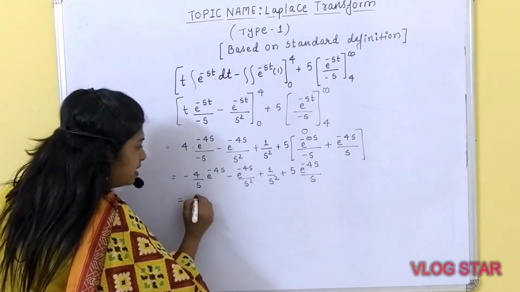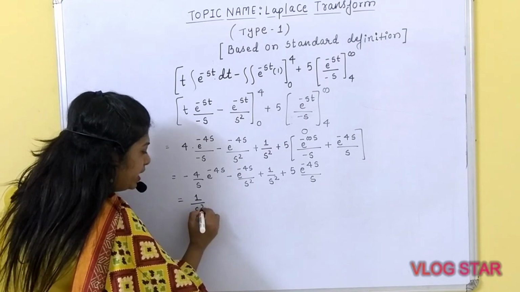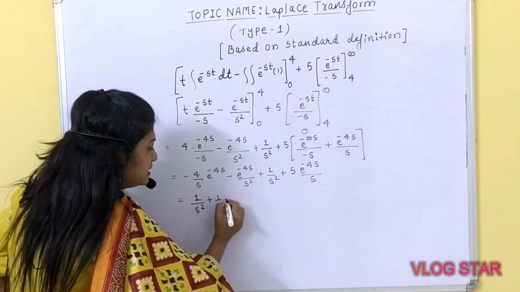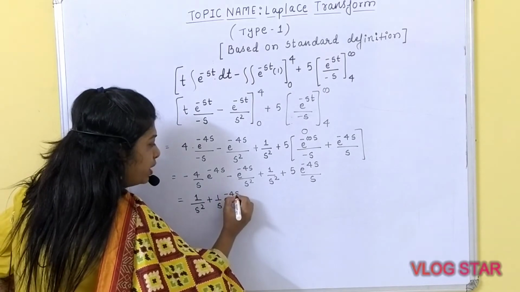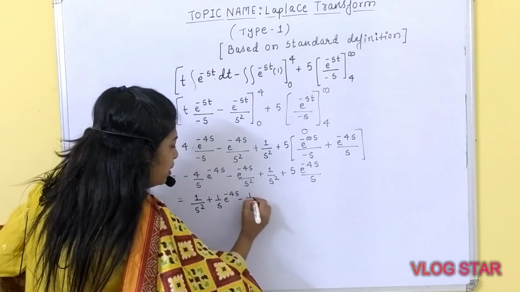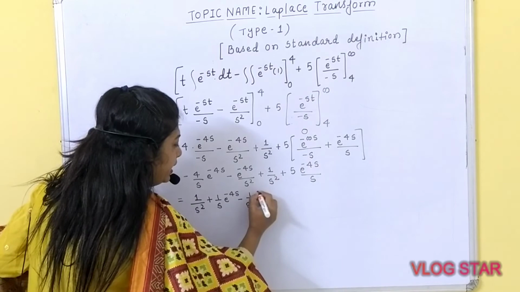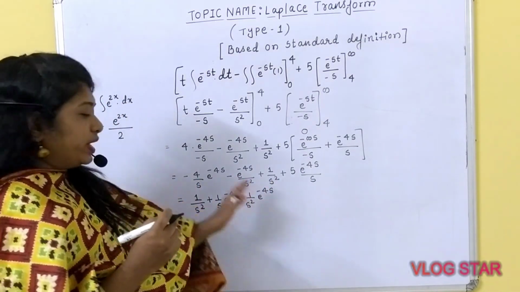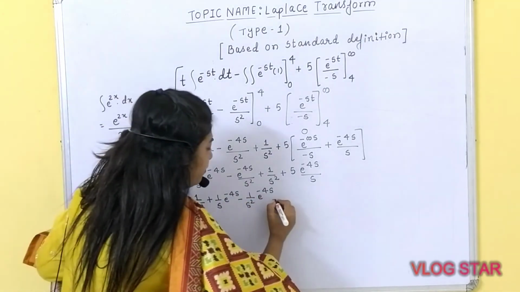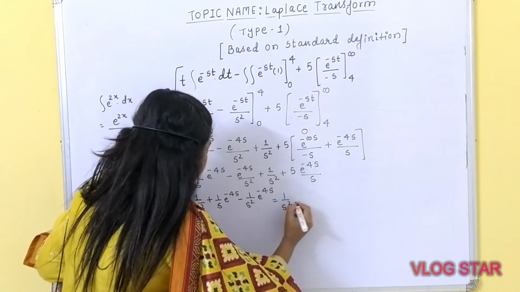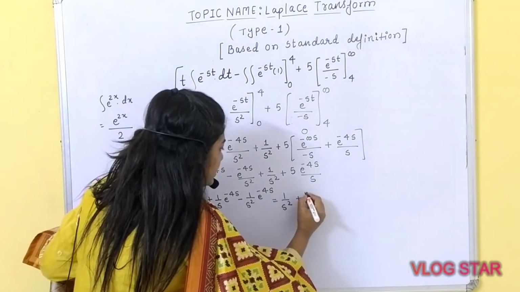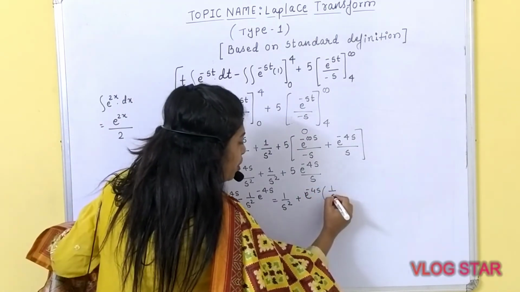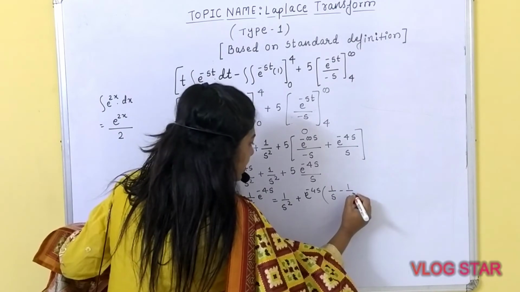So the final answer is 1 upon s square plus 1 upon s e raised to minus 4s minus 1 upon s square e raised to minus 4s. You can take e raised to minus 4s outside the bracket. The final value would be 1 upon s square plus e raised to minus 4s times what is inside: 1 upon s minus 1 upon s square.